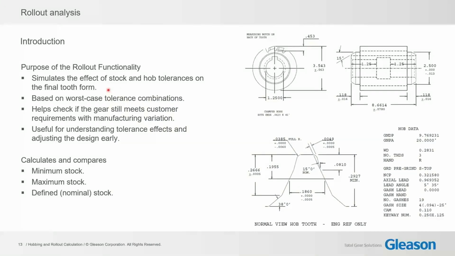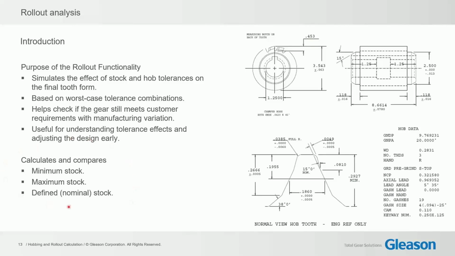I have a table later on to show you how we combine tolerances according to some Gleason recommendations, let's say. This rollout helps users check if the gear still meets the requirements, considering also these manufacturing variations, and it's quite useful at the relatively early design stage to understand the effect of tolerances on the final design.